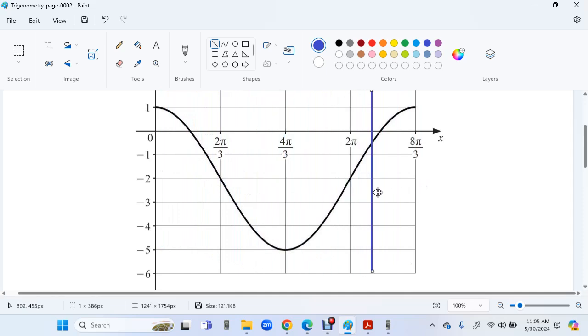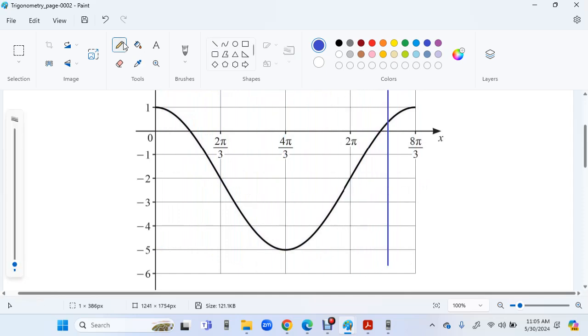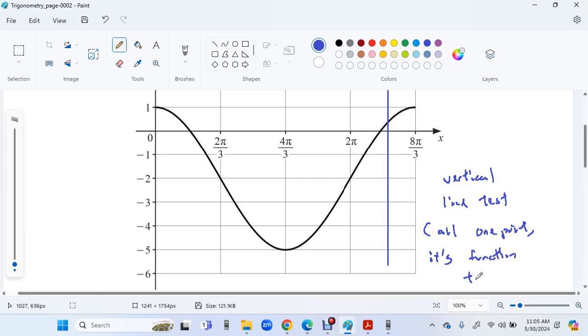It is to 1. So this is the vertical line test. So if all touch 1 point, then it is a function.